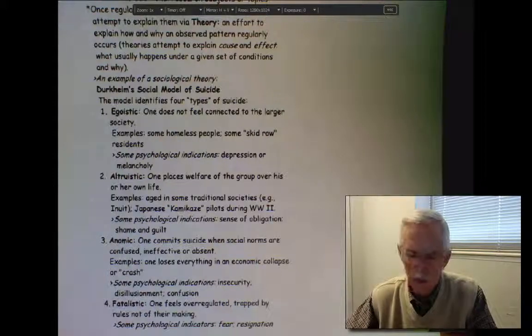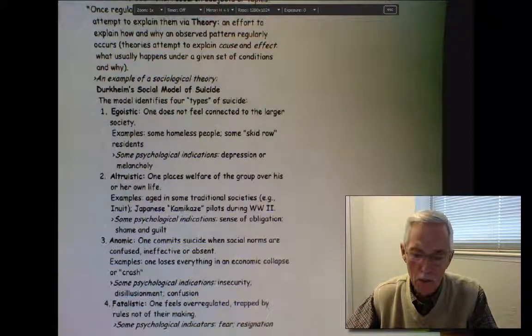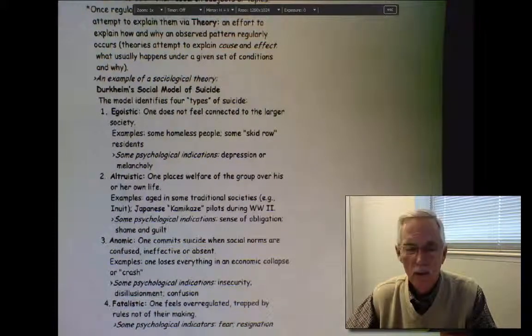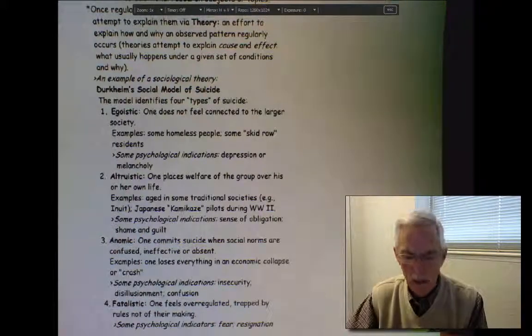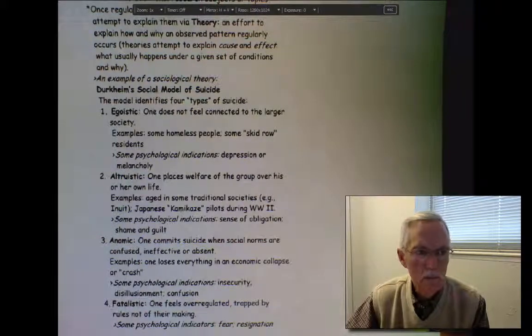They may feel isolated, detached from others and from society as a whole. And if they happen to be confronted by some serious crisis, they only have their own individually based resources to fall back upon. A key psychological indicator of this type is depression.